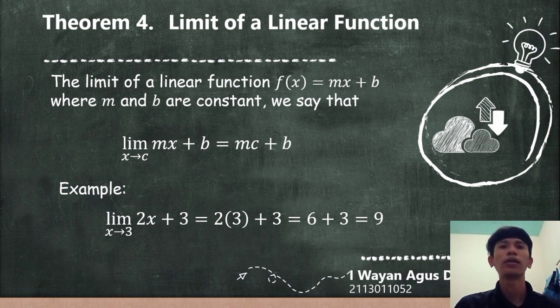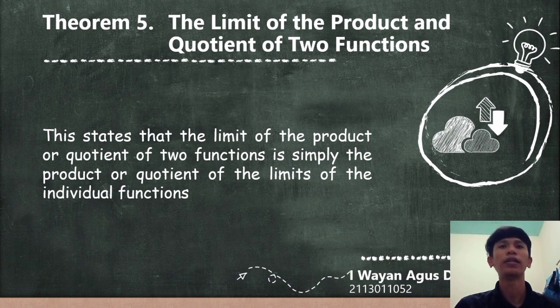So everyone, we move to another theorem, the last theorem. Theorem 5: limit of the product and quotient of two functions.